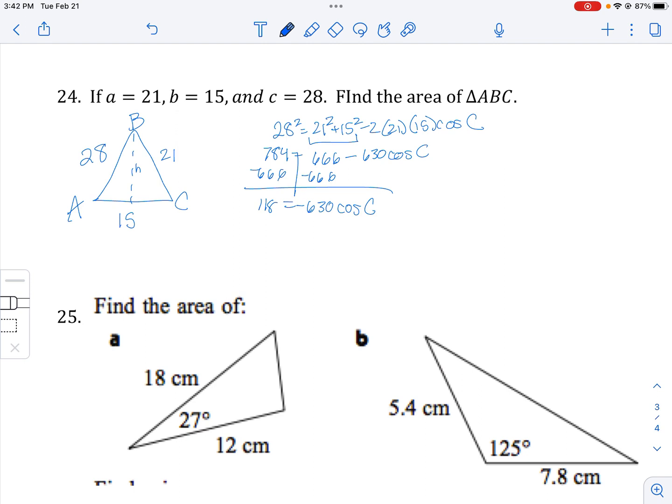So let's see, negative 0.1873 equals the cosine of C.